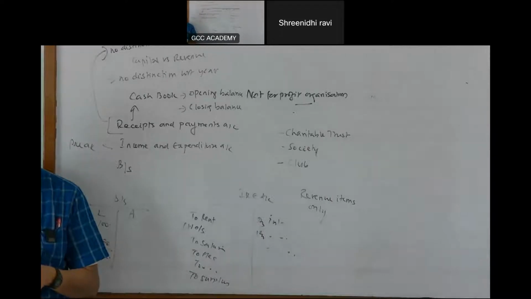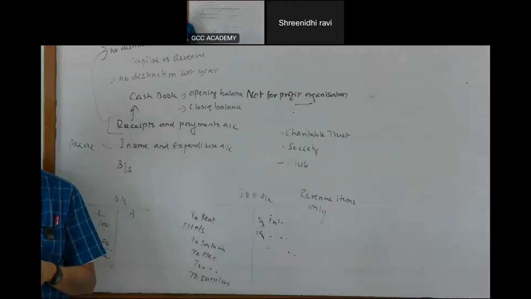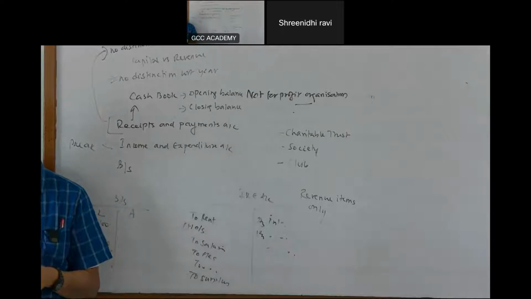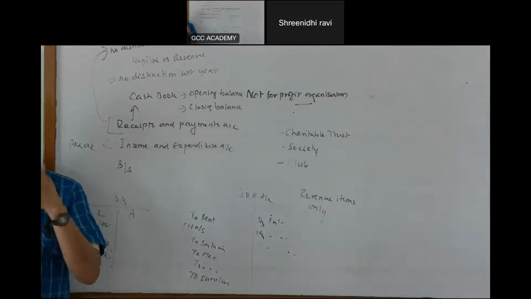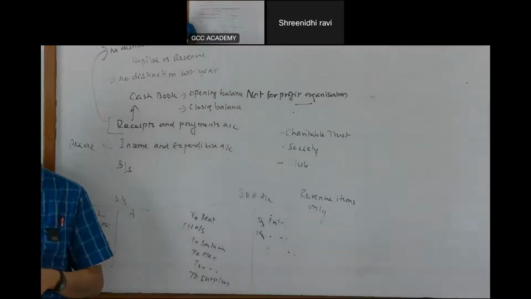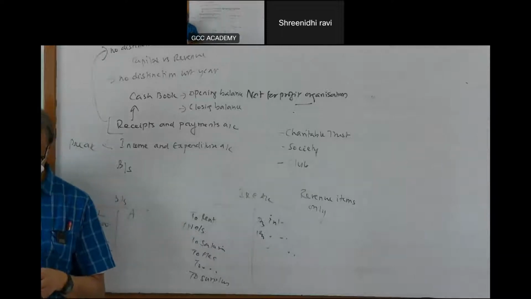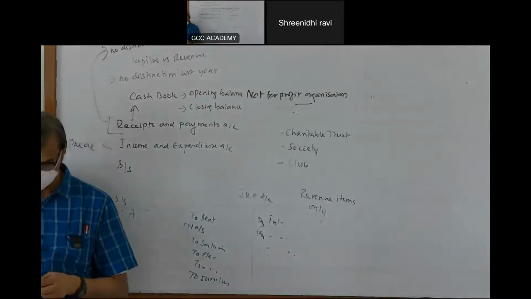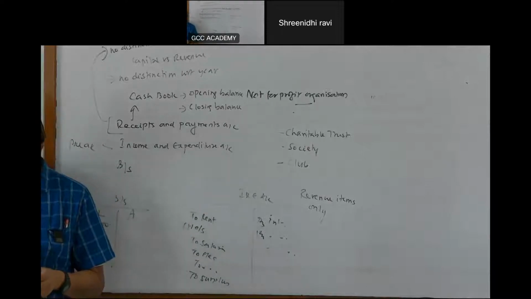Under that, the receipts and payments account records receipts on the debit side and expenses on the credit side, as is normally done in preparation of a cash book.